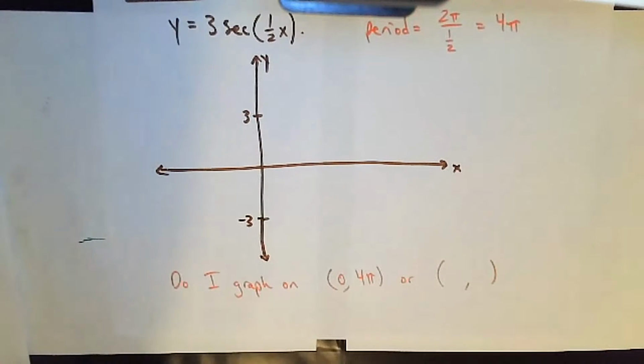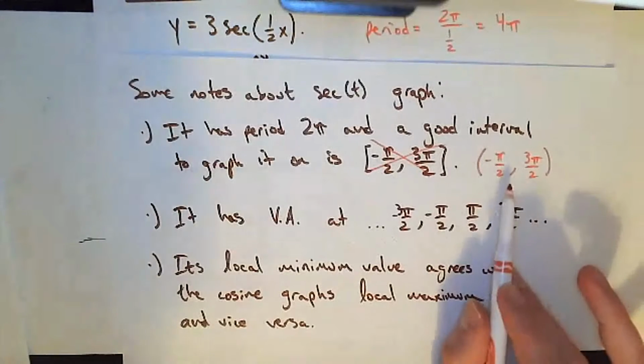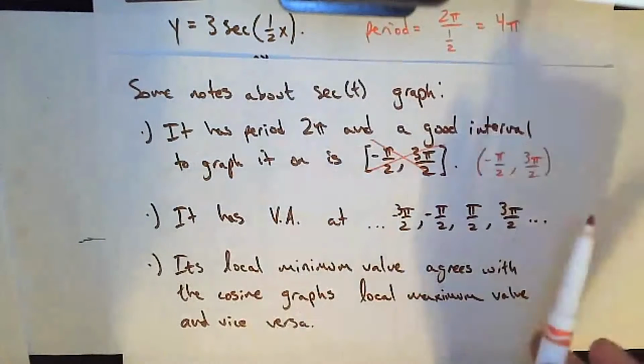Well, recall for the secant graph, a good interval to graph it goes into the negatives a little bit just because of the shape of it, right?